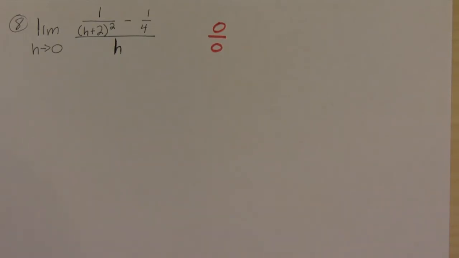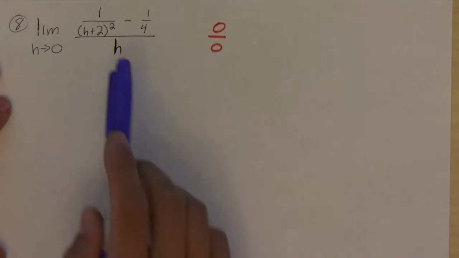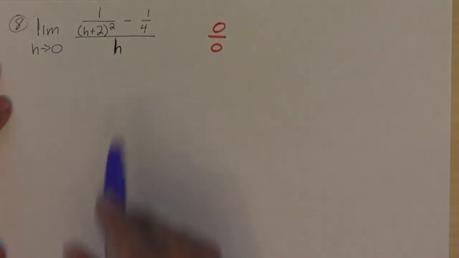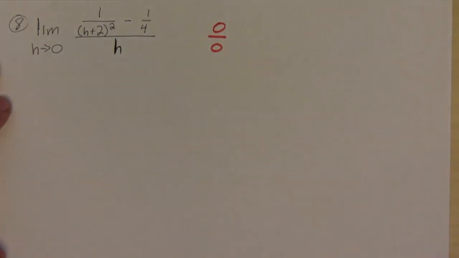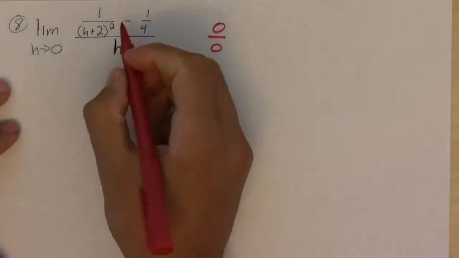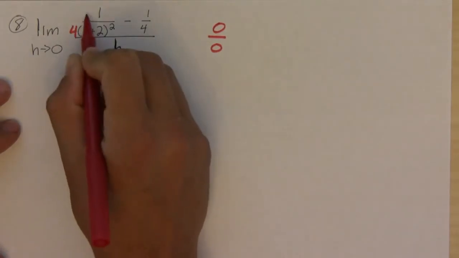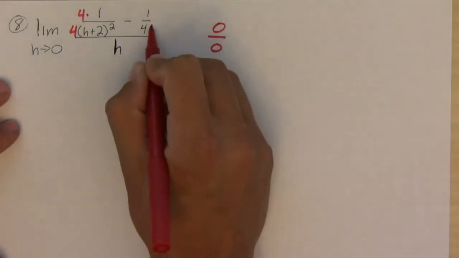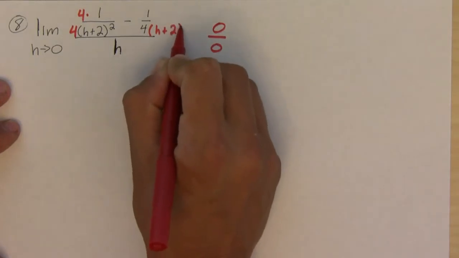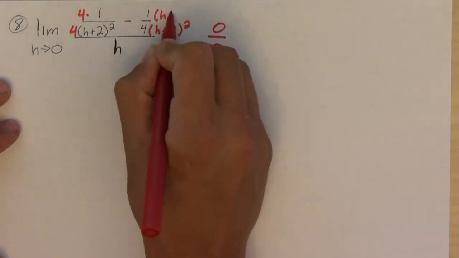Okay, so we simplify. To simplify, we have to combine the two fractions on top into one, so we need to get a common denominator. Basically this one needs to be multiplied by a 4, and this one needs to be multiplied by an h plus 2 squared.